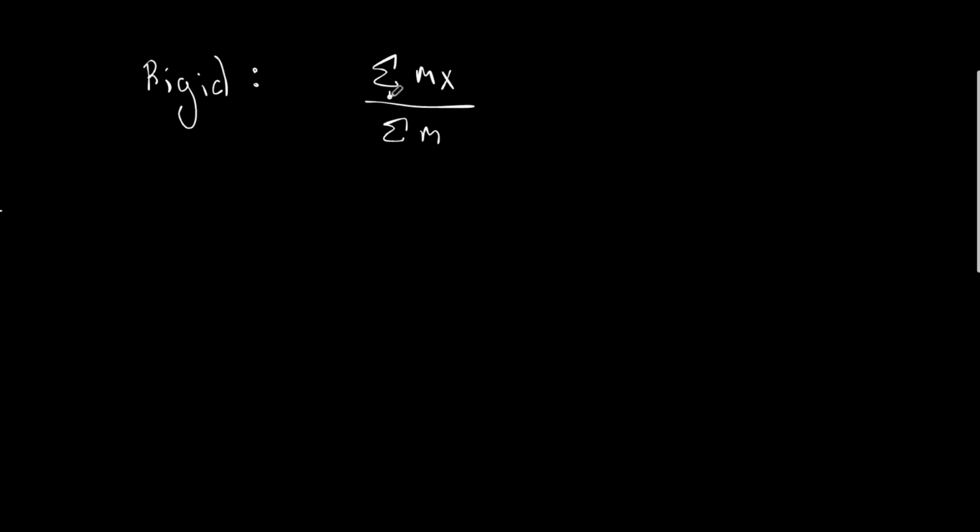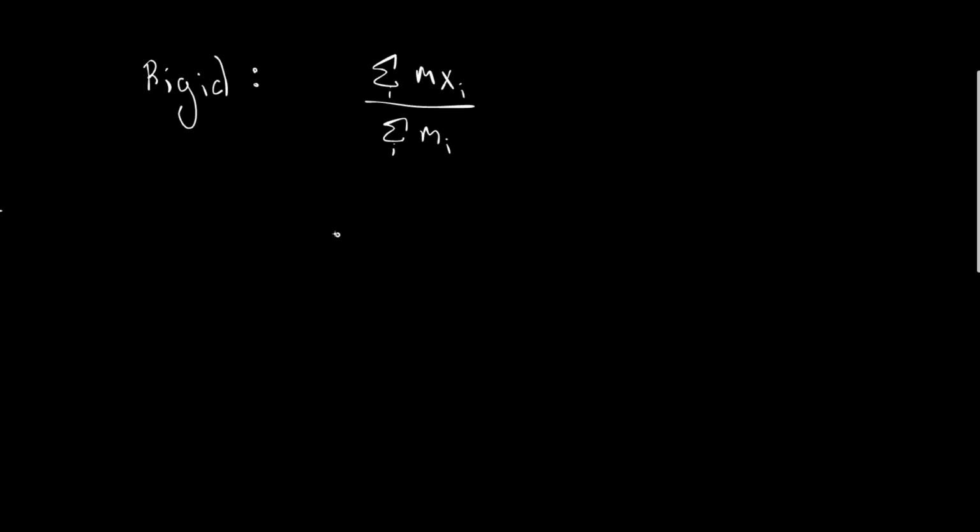And we could write an i here. What this basically says is that you'll multiply the mass of the object at that specific location and do that repeated addition until you have done it for all the masses included. And similarly with the denominator, you're adding all the masses within the specific object.